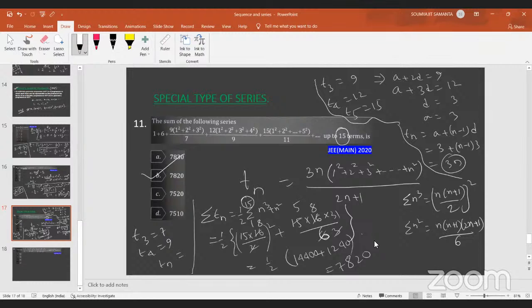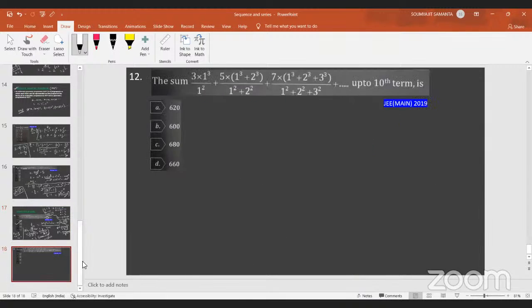This kind of problems, you need to first find the general term and then take the summation. This is the only way you can solve this kind of problems. And this is also of the same type.